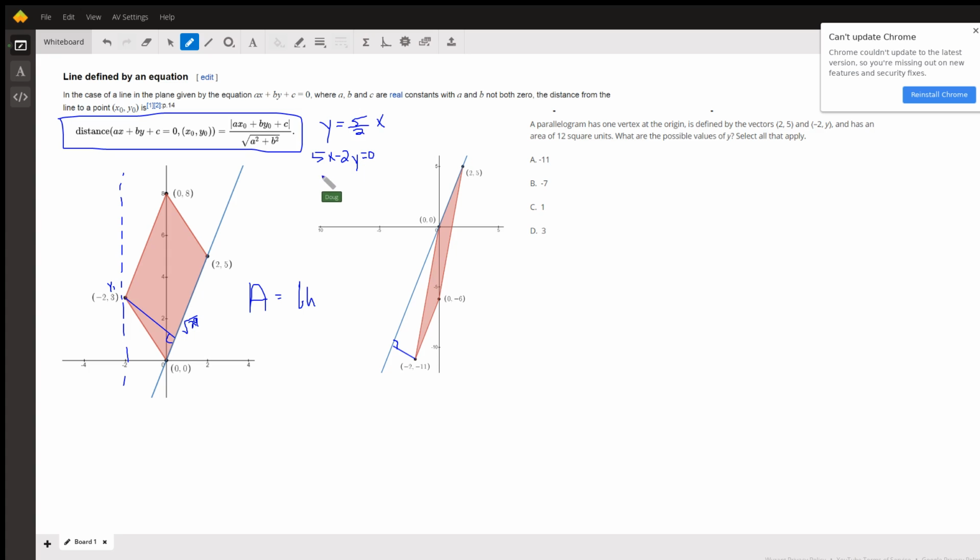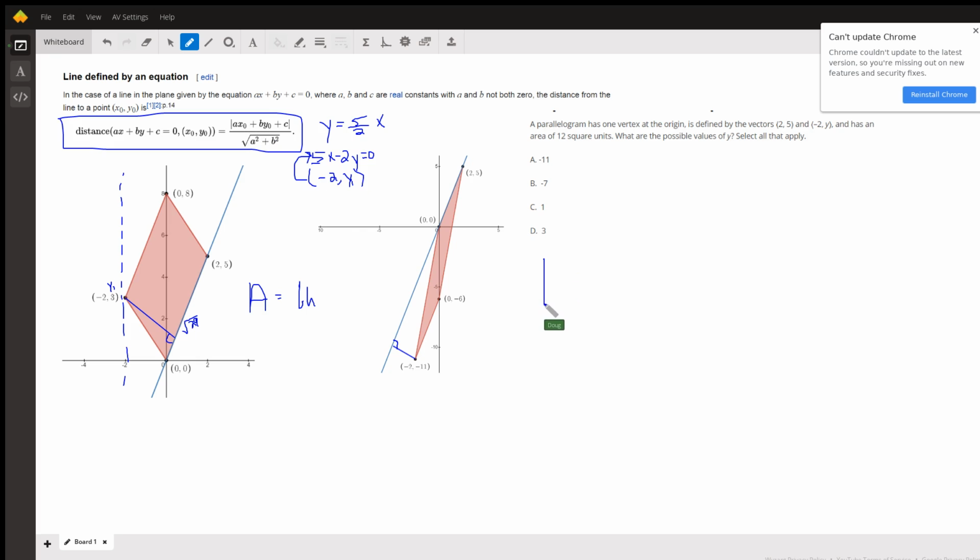And we're trying to find the distance to that line from the point -2, comma, and I'll use the subscript y sub 1. What is the distance from this point to this line using that formula? Well, in our case, a is 5, b is -2, the coefficient of y, and x sub 0, y sub 0 is -2, y sub 1. So let's see what we've got.